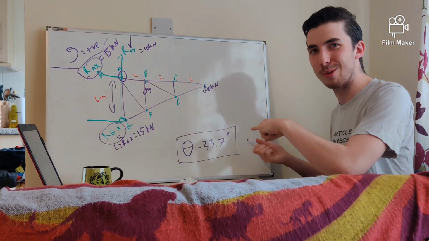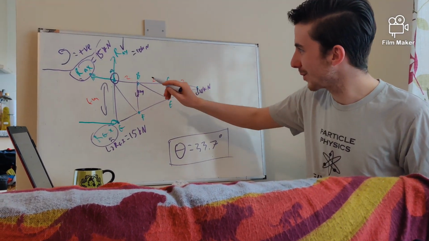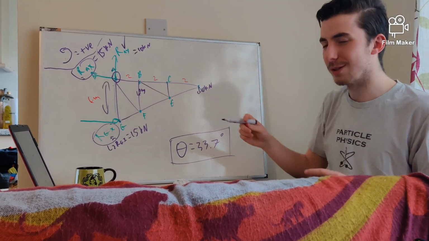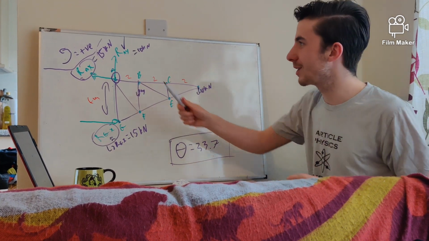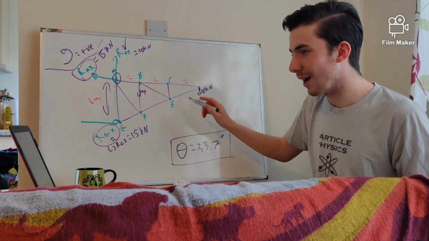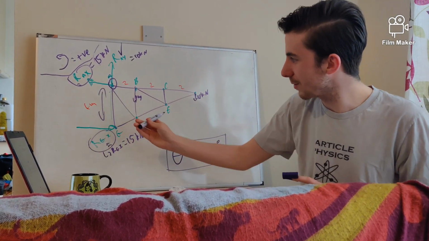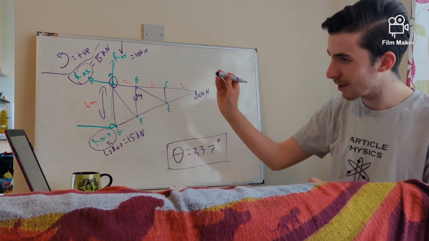We've actually got 33.7 degrees. The angle, which is just theta, which is that way. So we need to inverse it because we already said that anti-clockwise is positive. So that would mean that the actual reaction at G is the positive one, turning that way.